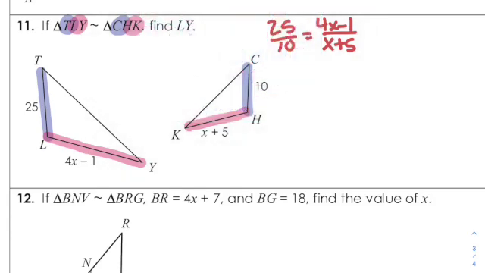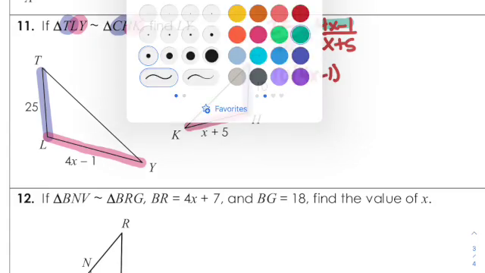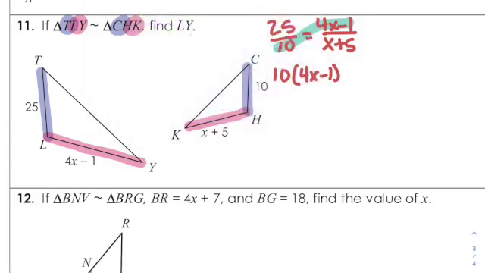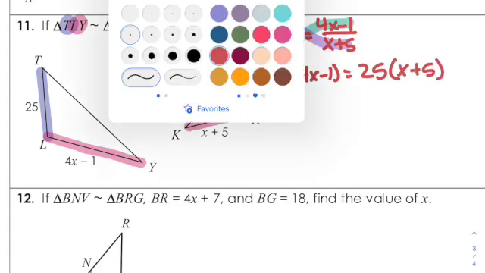Let's do 10 times 4x minus 1, so 10 parentheses 4x minus 1. It's really important to use parentheses because you want to make sure you're distributing that 10 into the entire thing. It's not just 10 times 4x, it's 10 times all of 4x minus 1. Then 25 times x plus 5, so it equals 25 parentheses x plus 5.